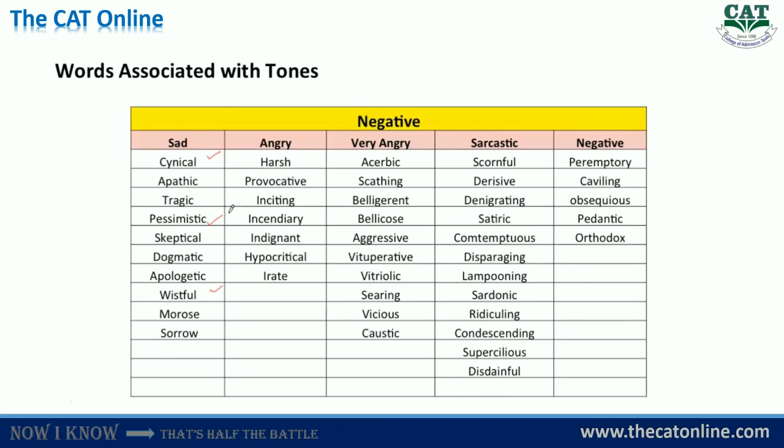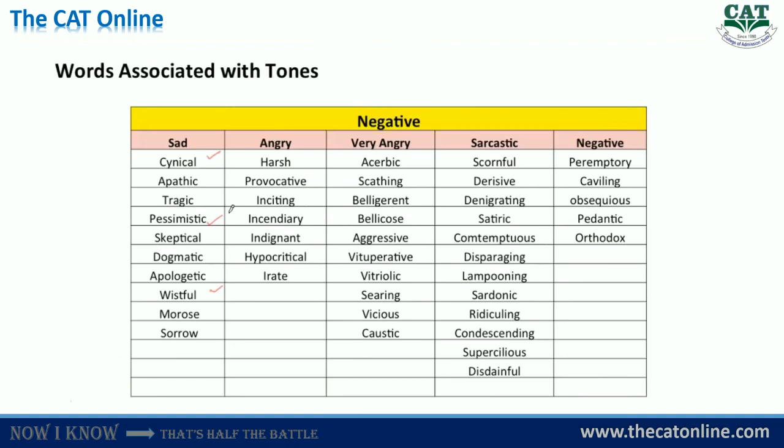If I talk about anger, if there's some sort of anger that you can sense while reading, the tones that you get may be inciting. That is, you find something that is provoking, but that relates to law as well, right? So that would be an inciting tone, or it may be an irating tone, that irritates you, right?